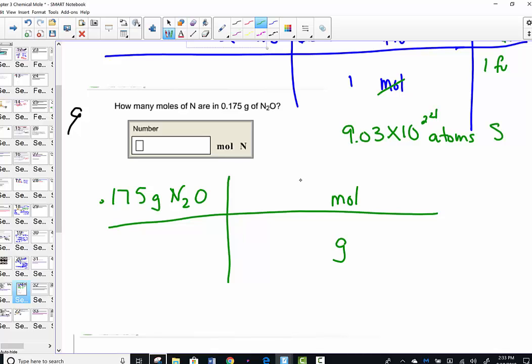It says place 1 mole over the molar mass of your compound. That's our first conversion. I've got to add 2 N's at 14 apiece to 16 from the oxygen, and I get a molar mass of 44. Right now, I'm at moles of the compound N2O.